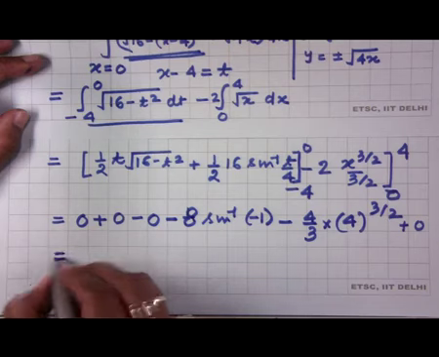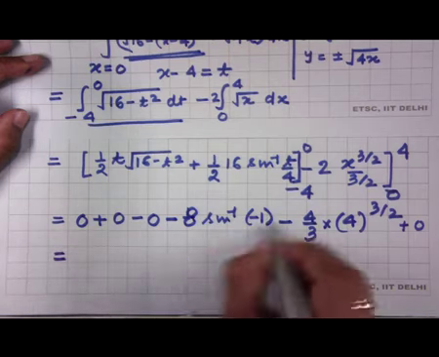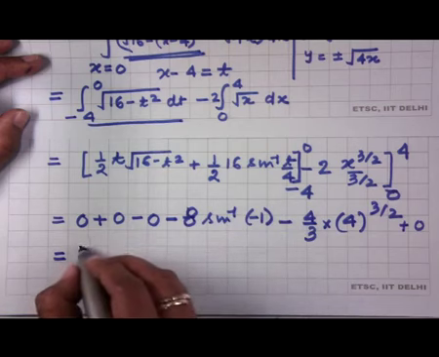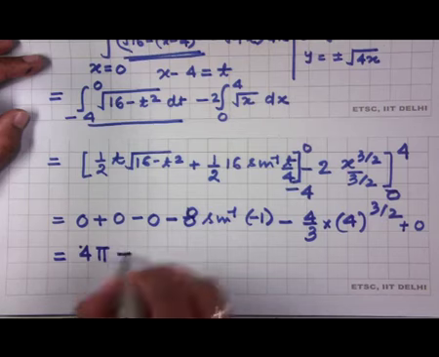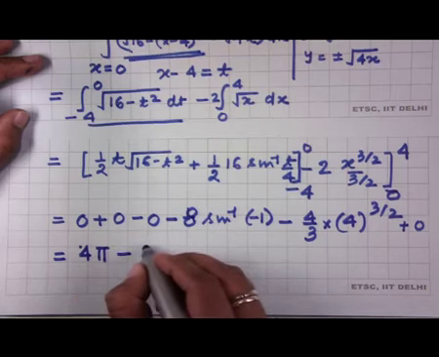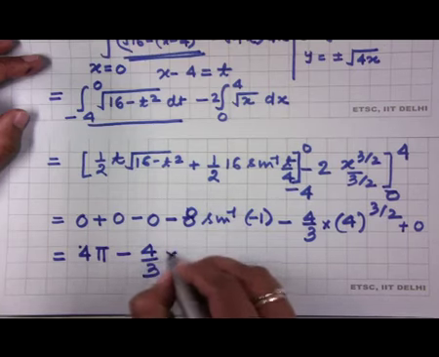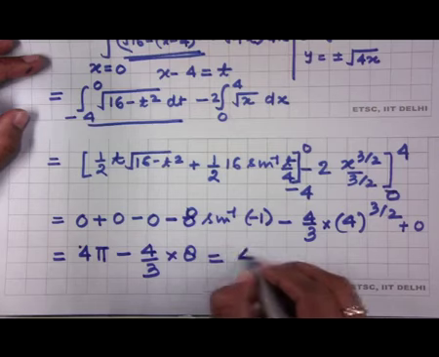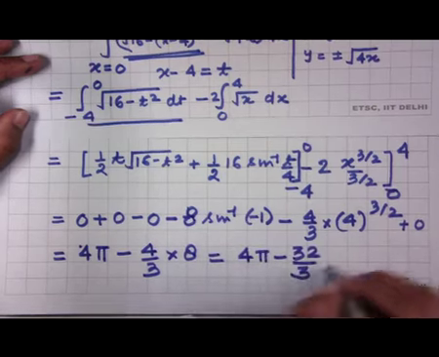So, finally, you get the value of this as minus pi by 2. So, you get 4 pi minus 4 by 3 into 8. So, the final value is 4 pi minus 32 by 3.